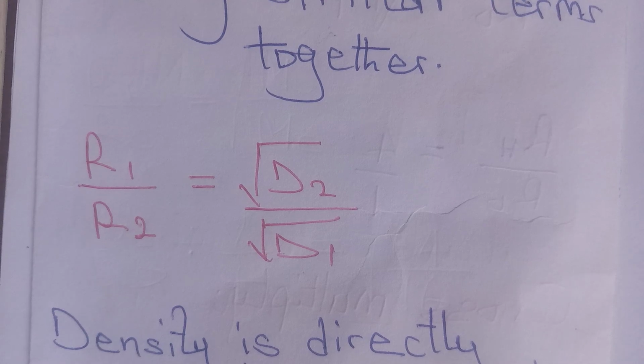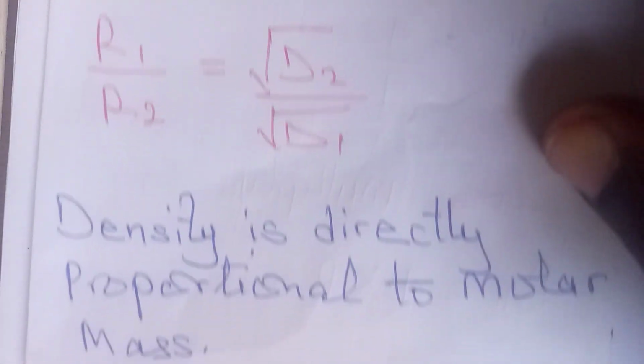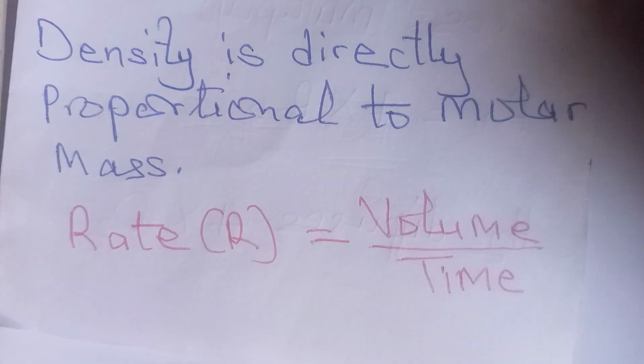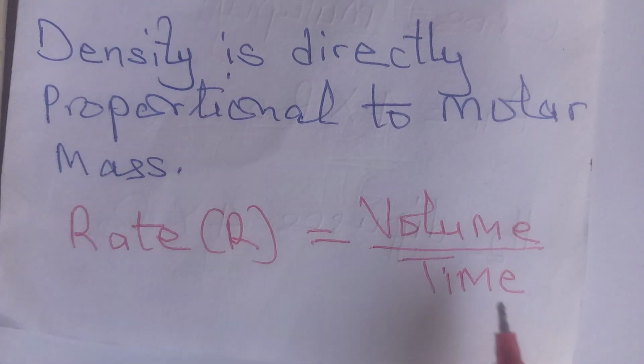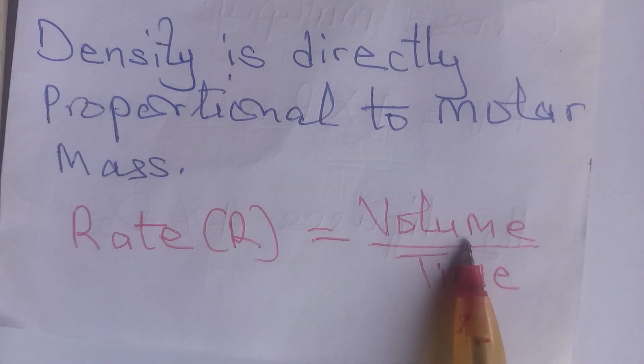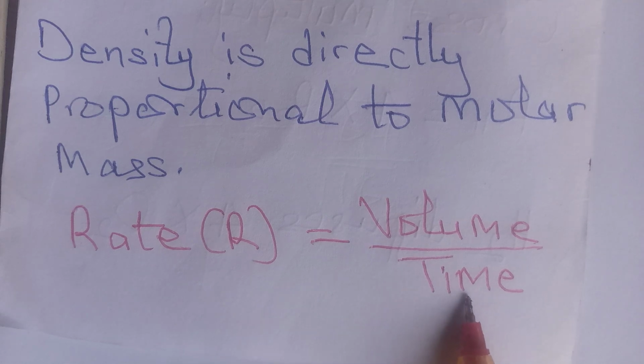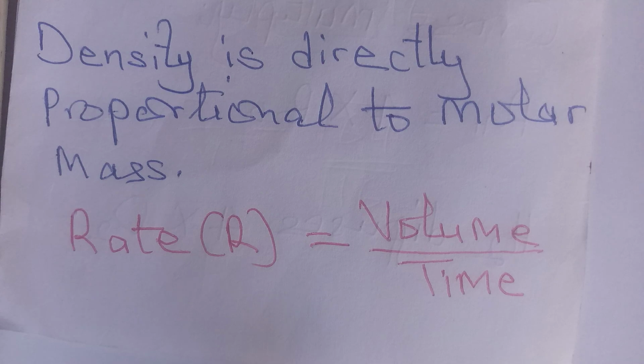Then recall that rate itself is actually the volume diffused. The rate of diffusion of any gas is the volume of that gas diffused over the time taken. So this is the brief introduction to Graham's law of diffusion.